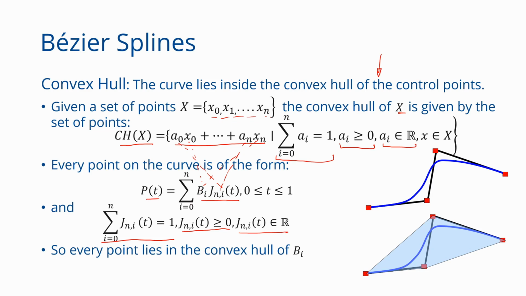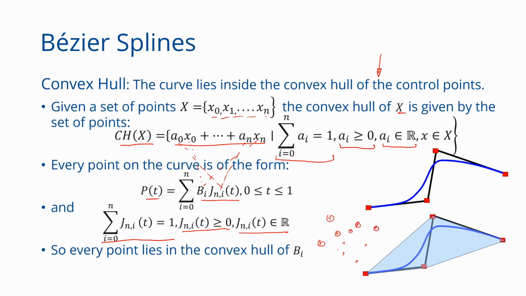Okay, so the shape of the Bezier curve is therefore constrained to lie inside the convex hull of the control points. If you want to visualize in your head what the convex hull of, say, points on a plane will look like, you can think that you push board pins at all these points.